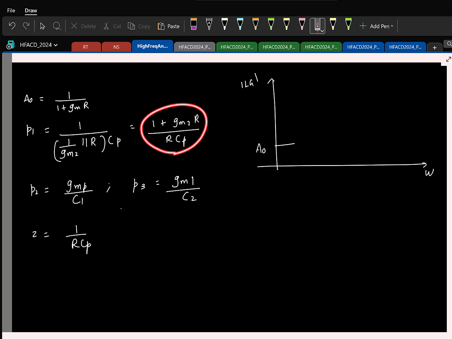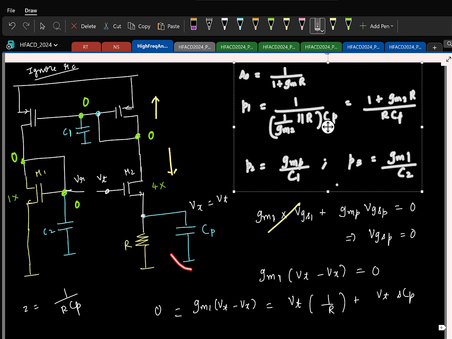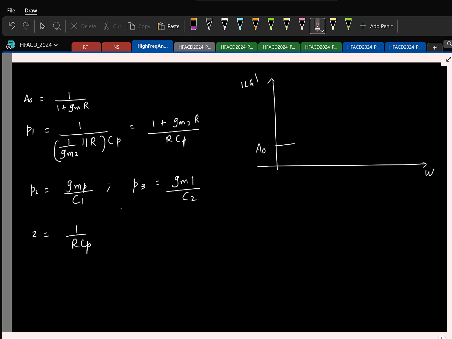Let's assume this capacitor CP is large because you have a large parasitic capacitor at the pad, plus you may additionally put a capacitor to keep that voltage constant. So one of these two is going to occur first. The zero will occur first, right?